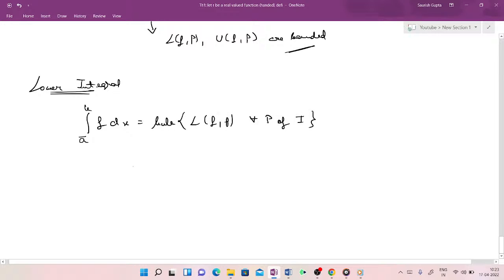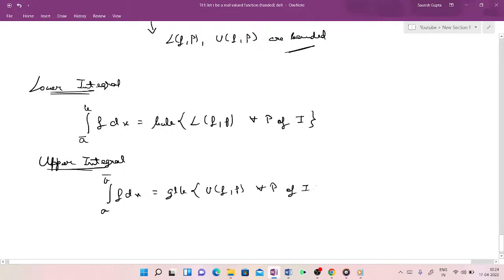Got it? In a similar way, we have also defined what is an upper integral. Upper integral is defined as the definite integral a to b (upper bar) of f dx, and it is the greatest lower bound of all the upper Riemann sums for all partitions P of I. Clear? Got it?